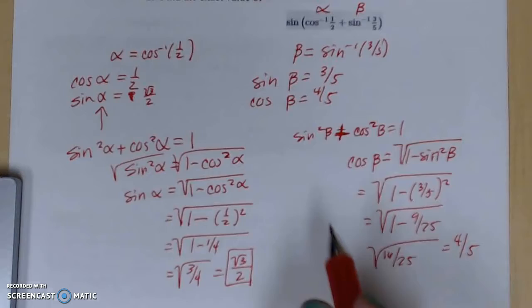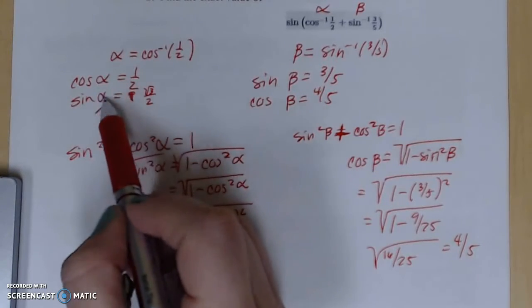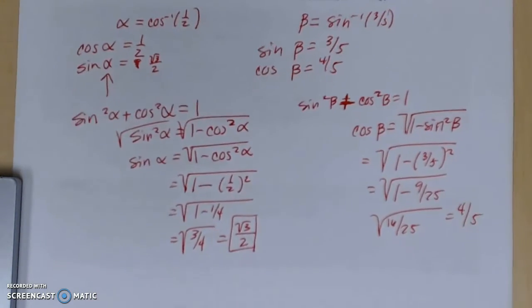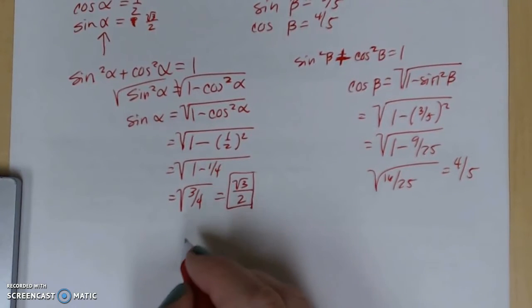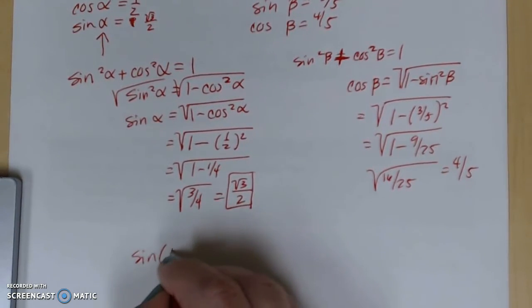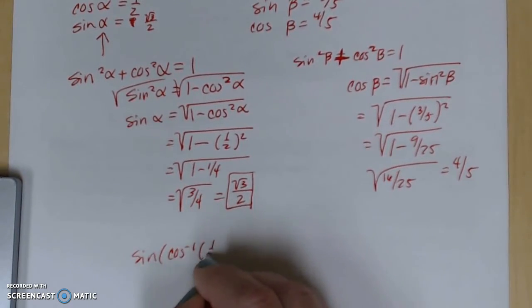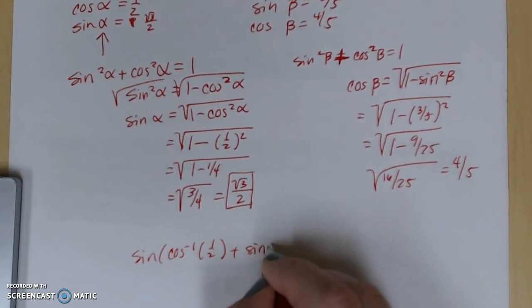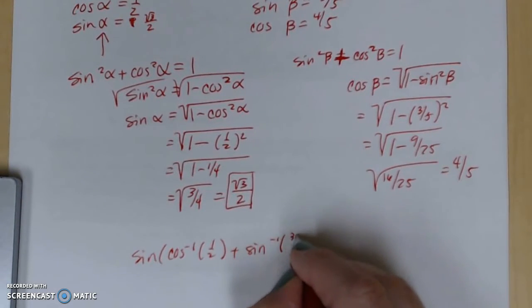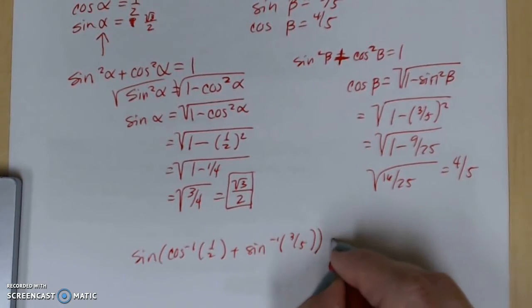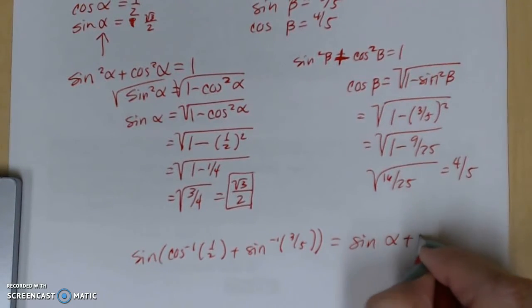Now that I have both of my sine and cosine of alpha, my sine and cosine of beta, I can come down here and say, okay, well, if I'm looking at sine of arc cosine of 1/2 plus arc sine of 3/5, let's call that sine alpha plus beta.